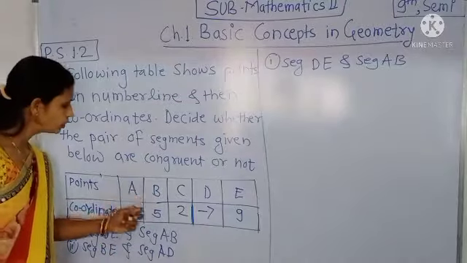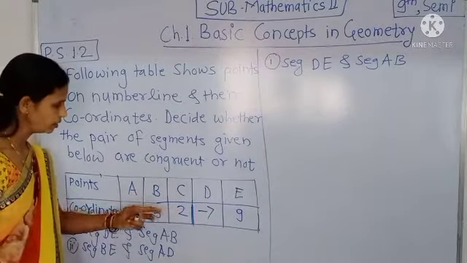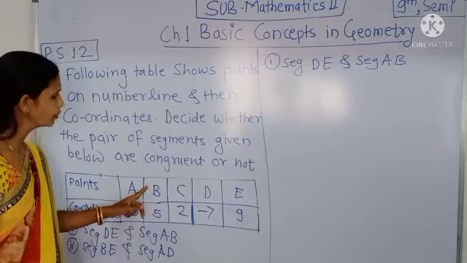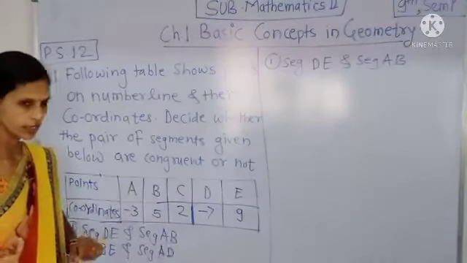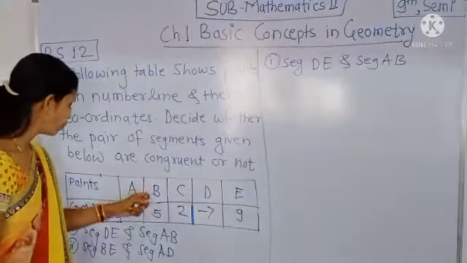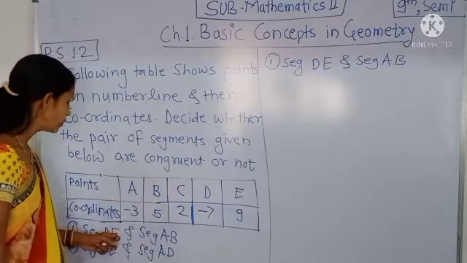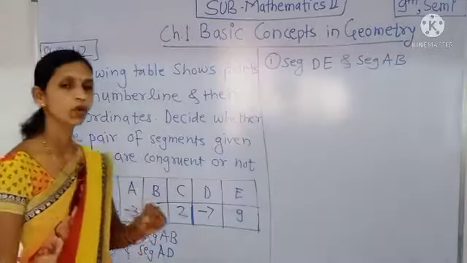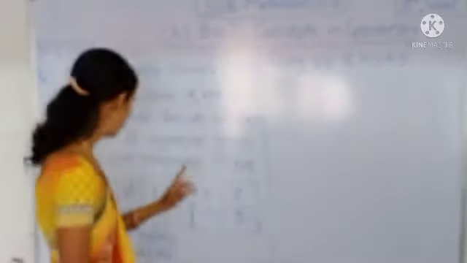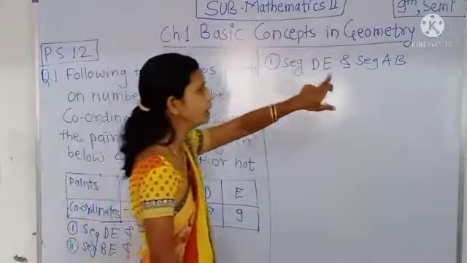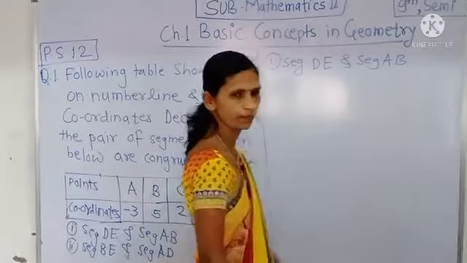Using this table, in which the coordinates of the points are given, we have to decide whether the given segments are congruent or not. The first example is segment DE and segment AB.